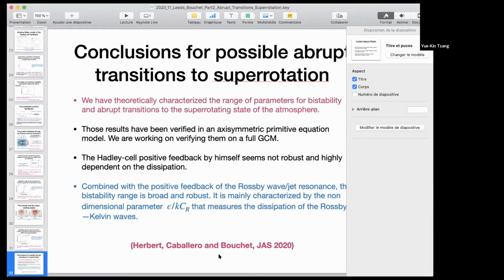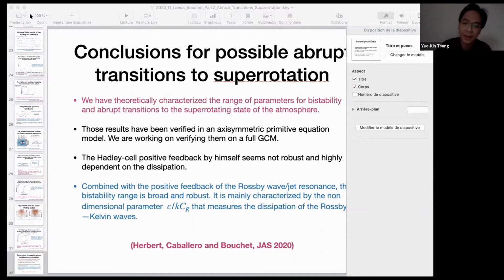In the first part about the jets, I was wondering if you can get the transition if the forcing is deterministic instead of random forcing. Yes, you can.